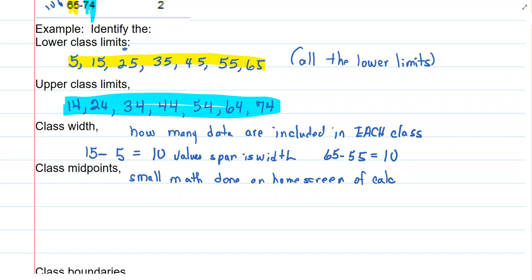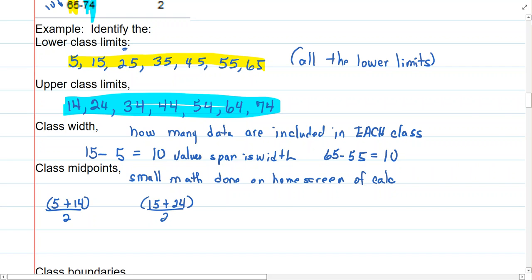So we're saying the midpoint is the value in the middle of each class. So my first class was 5, and I'm going to add the endpoint, 14 divided by 2. All right. And then the next one is going to be 15 plus the 24 divided by 2.